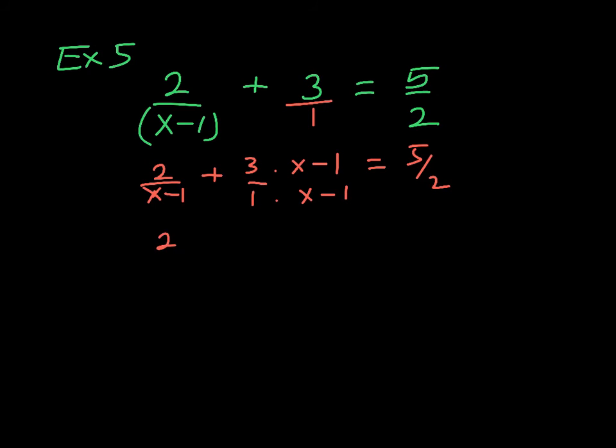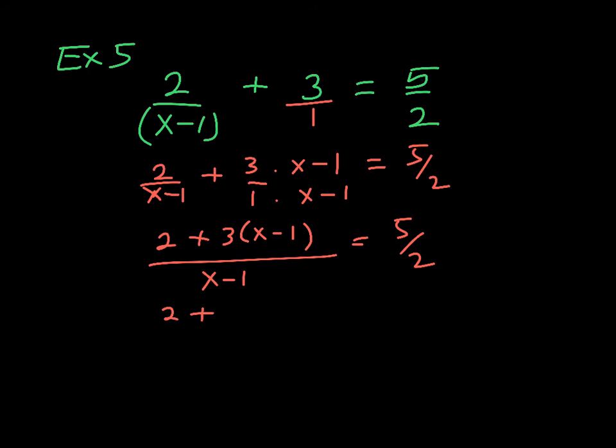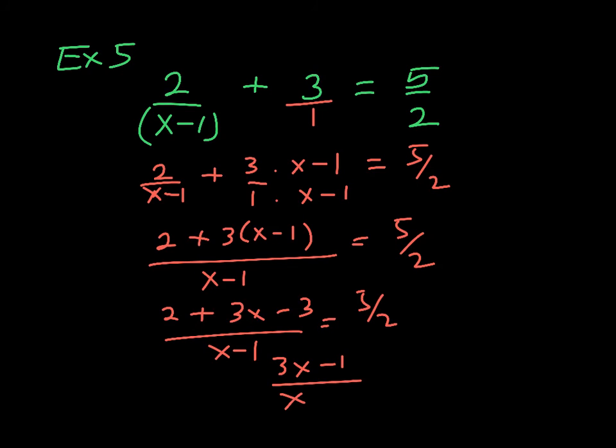So this becomes 2 plus 3 into x minus 1 divided by x minus 1 is equal to 5/2. So this becomes 2 plus 3 times x is 3x, 3 times -1 is -3, all over x minus 1 is equal to 5/2. 2 minus 3 gives us -1. So this becomes 3x minus 1 over x minus 1 is equal to 5/2.